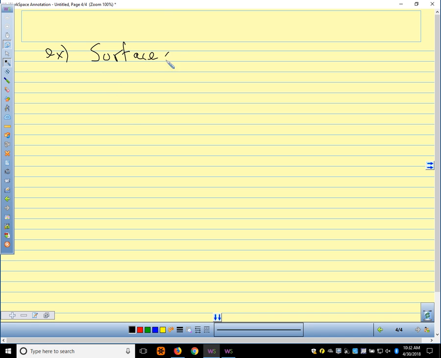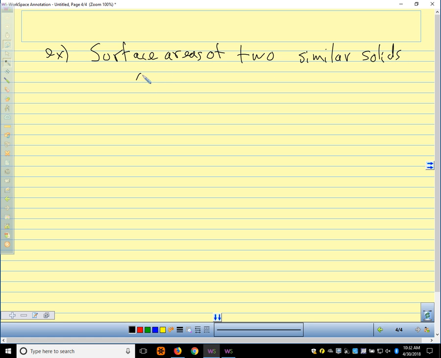The surface areas of two similar solids are 52 square feet and 208 square feet.